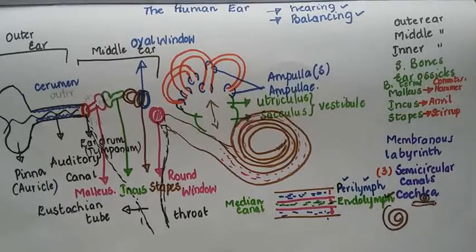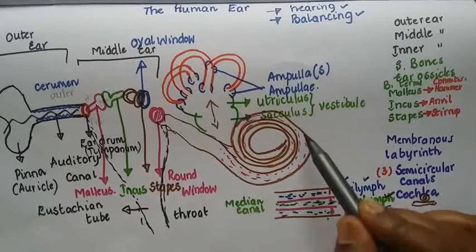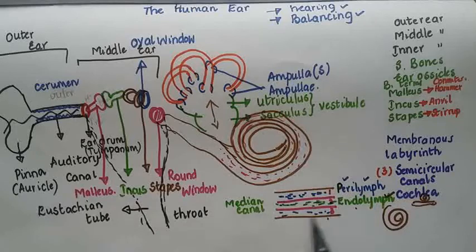Peri means on the margins or on the outer side. Thus the median canal is filled with the endolymph and the peripheral canals are filled with the perilymph. So internally the cochlea has 3 parallelly arranged canals filled with fluids, and especially in the median canal.